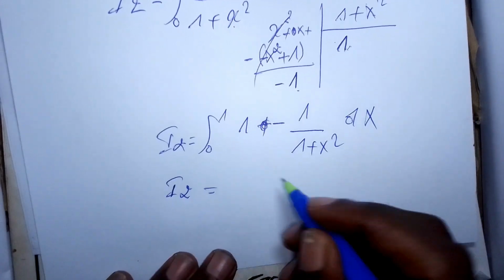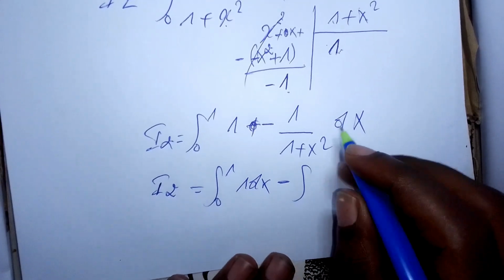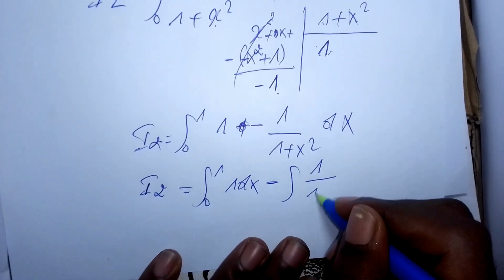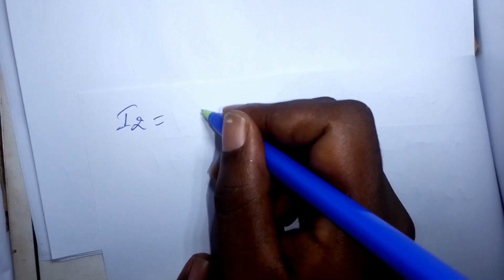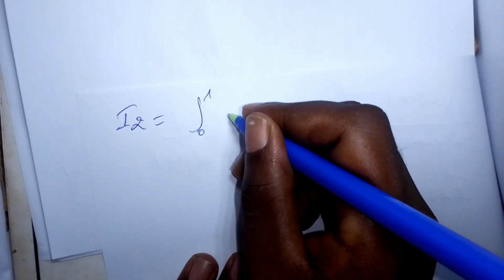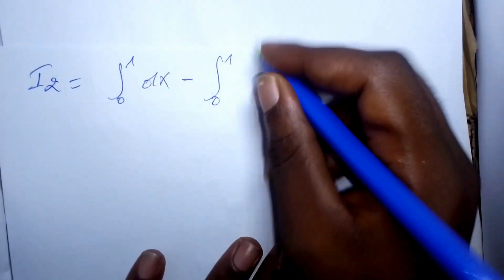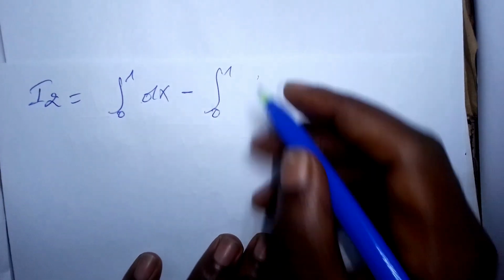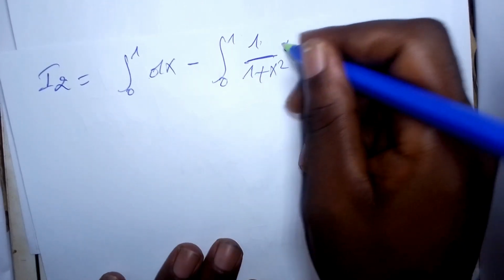So I2 equals the integral from 0 to 1 of 1 dx, negative the integral from 0 to 1 of 1 over 1 plus x squared dx.